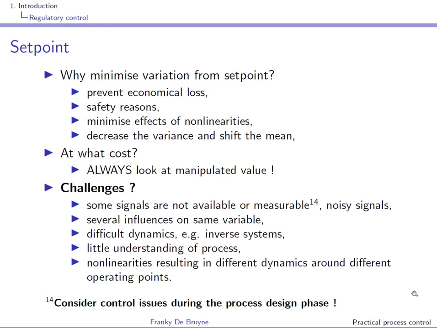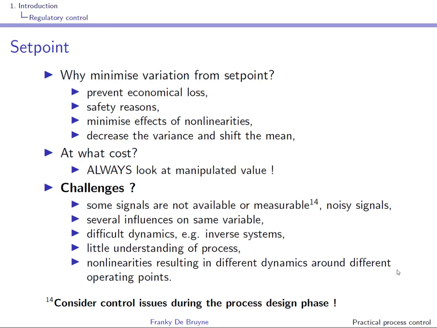Sometimes there will be several influences on the PV that you want to control, so you'll have to choose the correct influence, so the appropriate MV, and you'll have to mitigate the effects of the other influences using decoupling and/or feed forward.